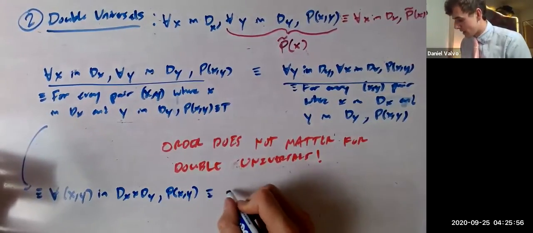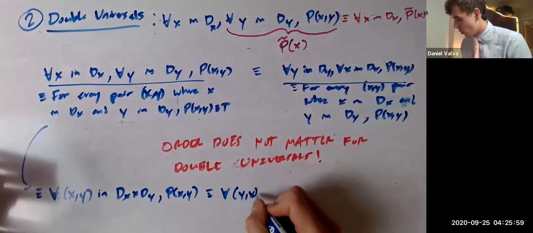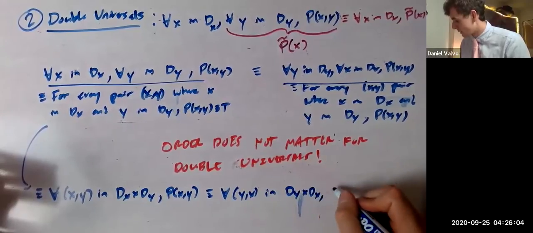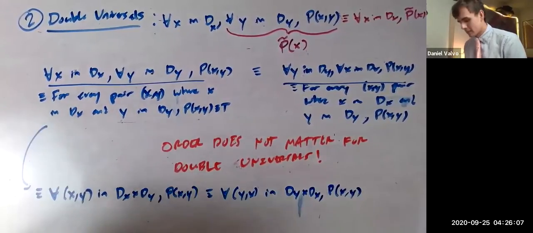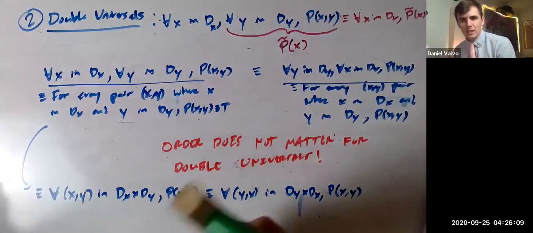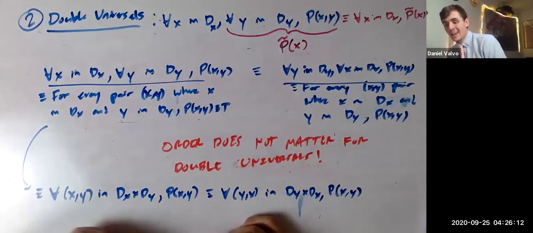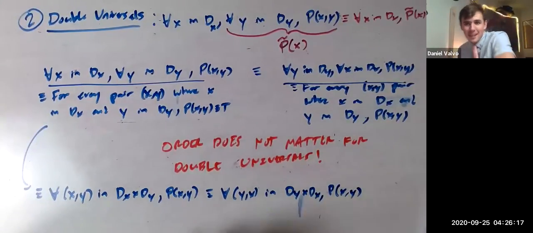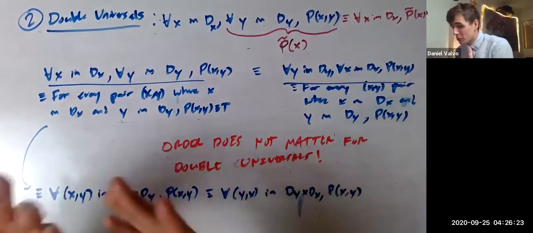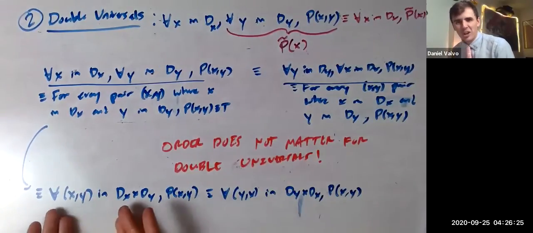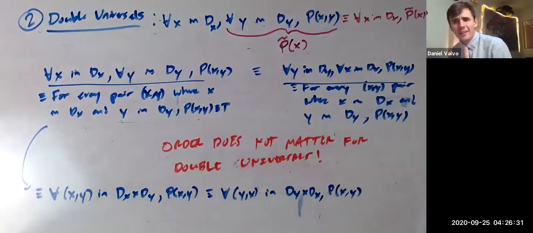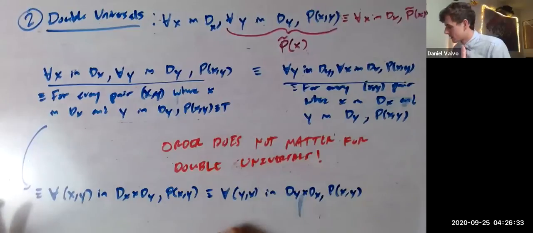And this would be equivalent to saying for all y, x in D_y cross D_x, P of x, y is true. Doesn't matter. The point is that any of these pairs is going to work. So just like existential statements, you can write double universal statements as a single one using ordered pairs. We haven't really done anything quite new yet.